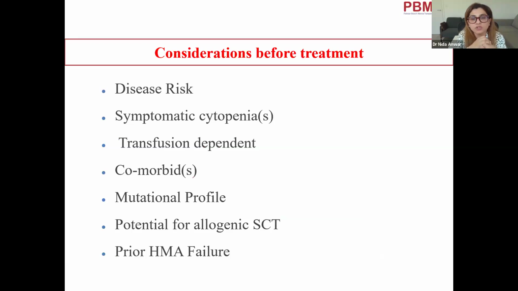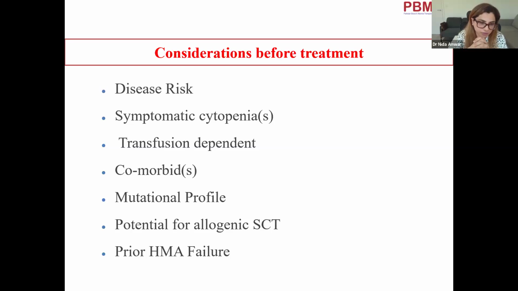When we talk about the treatment in MDS, there are various important considerations before you embark on the treatment. First of all, it's very important to determine the risk of the disease. Is the patient low risk or high risk MDS? Does the patient have symptomatic cytopenias, and how symptomatic is the patient? Is the cytopenia a single cytopenia or multi-lineage? Is the patient transfusion dependent or not?